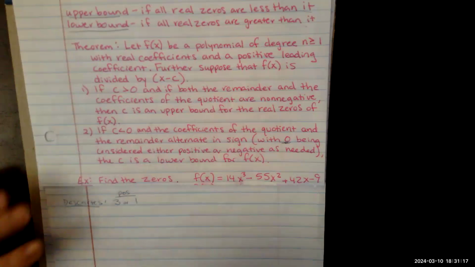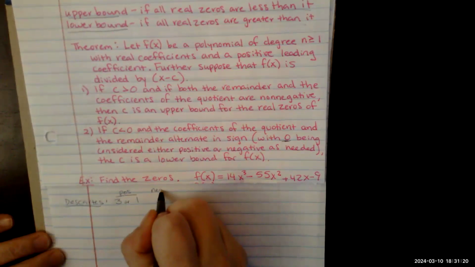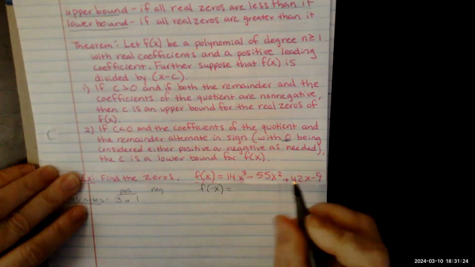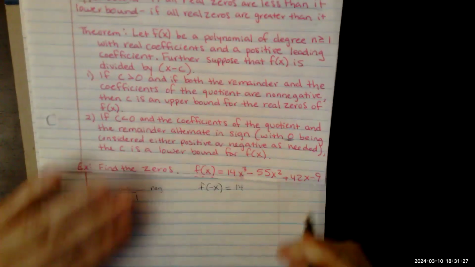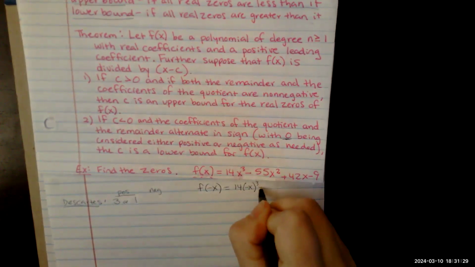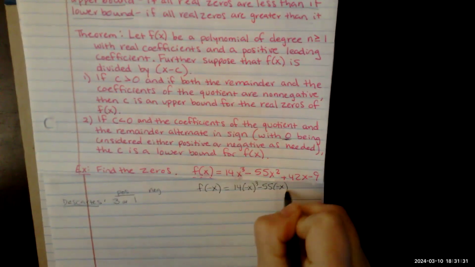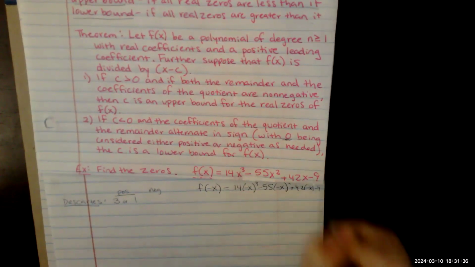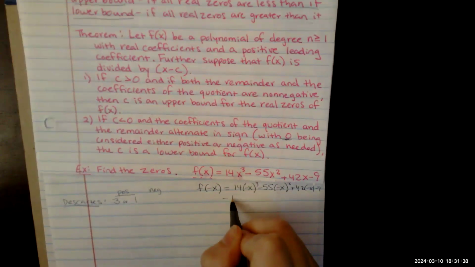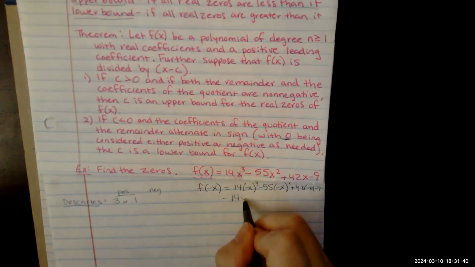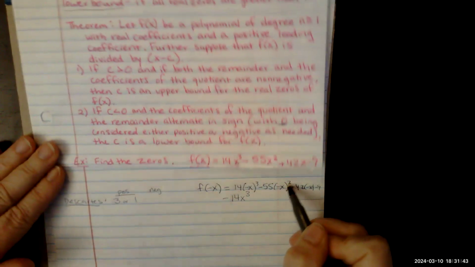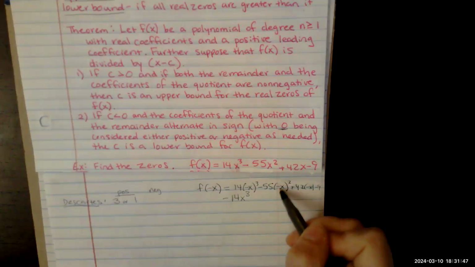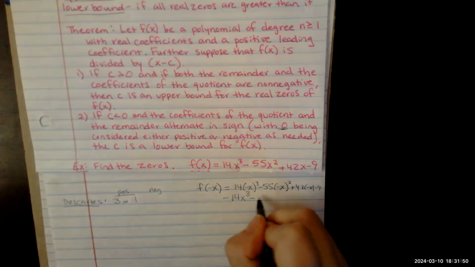Those are my options. For negative, I'm going to first plug in f of negative x and see what happens with the sign changes. So this one would stay negative, so it becomes negative 14x to the third. This negative x squared would become x squared, but then it's times a negative 55.